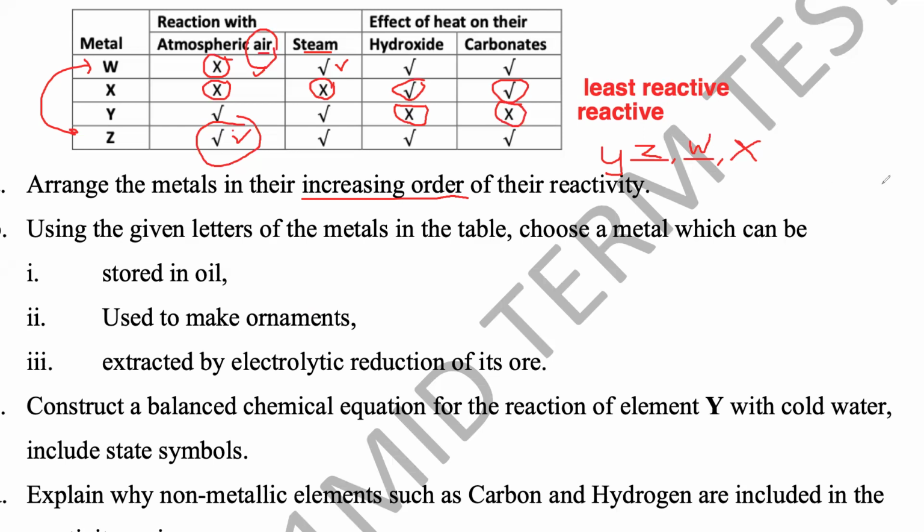So, to sum it up, W and X are among the least. Why? Because they do not react with air. But W is a bit reactive. I think we have switched. They are saying starting with the least.